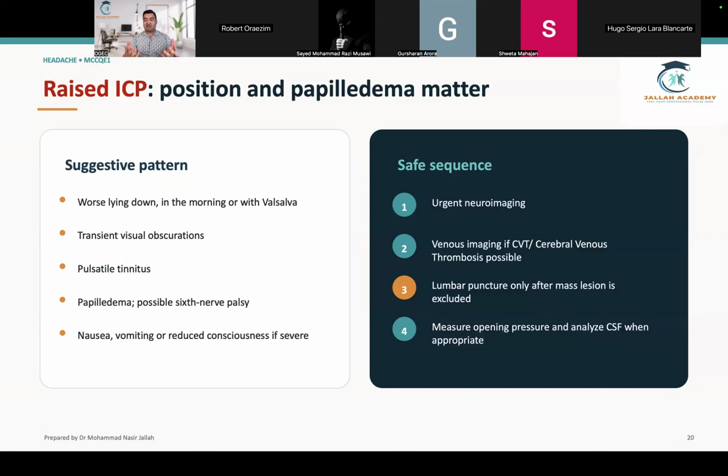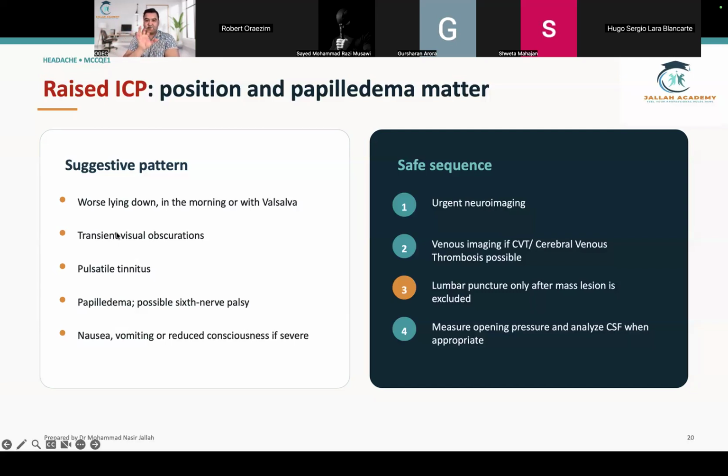Or the patient has a headache that is tolerable while standing or walking, but when she sits down or tries to tie her shoelace, it gets worse. It is worse in the morning. It is worse when the patient picks up something from the floor, or sits down and then wants to stand up. At this time, the headache gets worse.